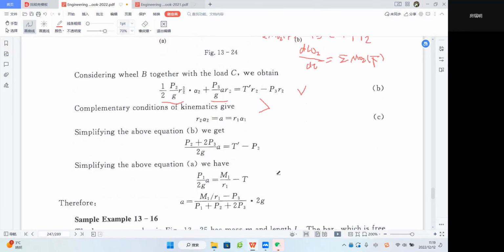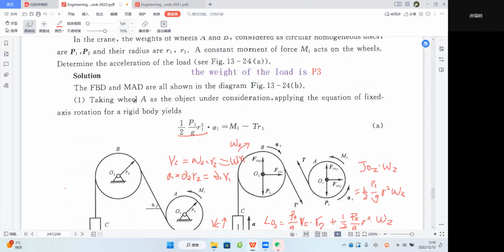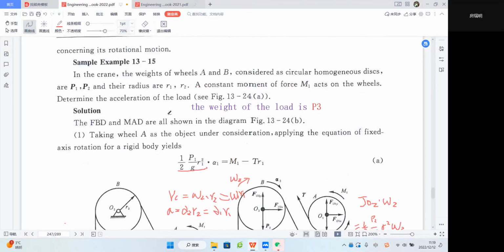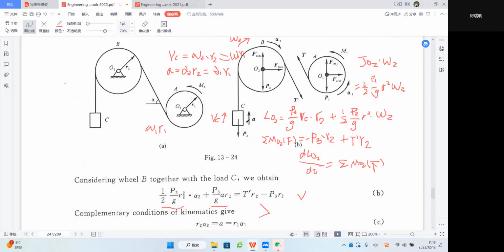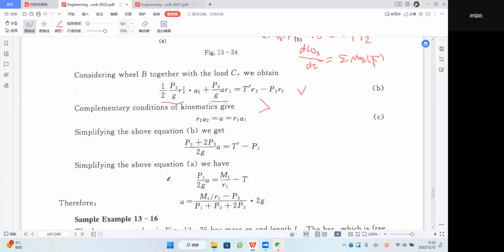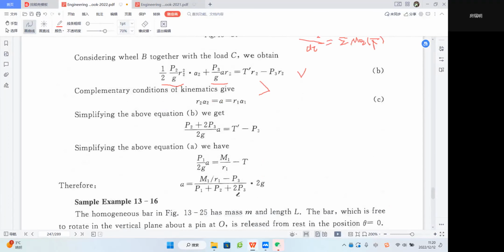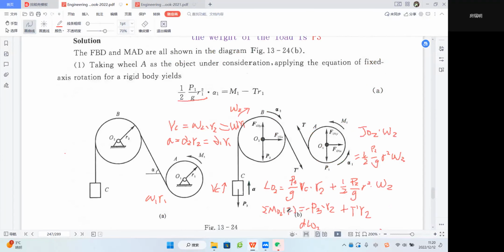What we have to figure out is the acceleration, actually try to figure out A. So our alpha 2, alpha 1 will change into A, right? And then finally we have this. We will have this, right? Finally, we will have this.